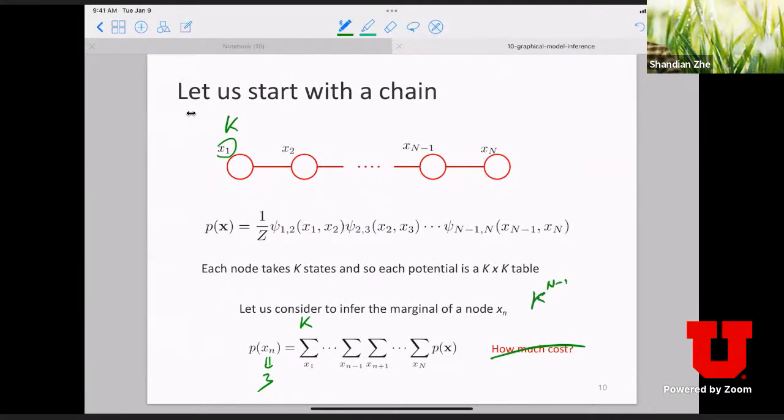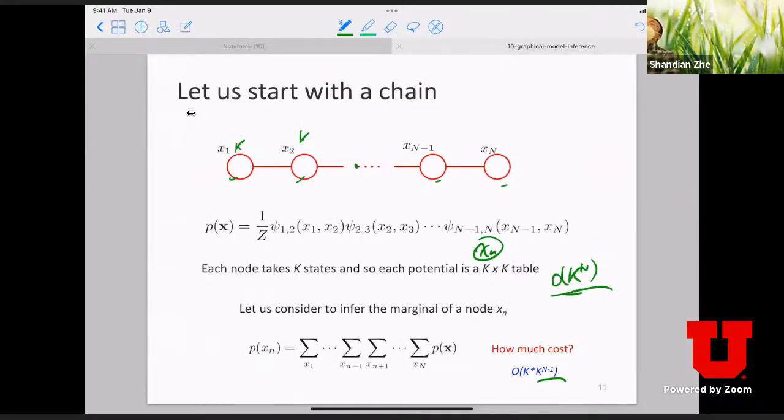But the value of x_n has K choices as well, so the total cost will be K times K to the power of N minus 1, which ends up as K to the power of N. You can see how horrible this cost is. It grows exponentially with the length of the chain, or the number of nodes in the graphical model.